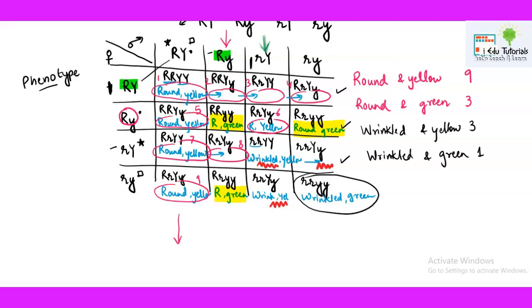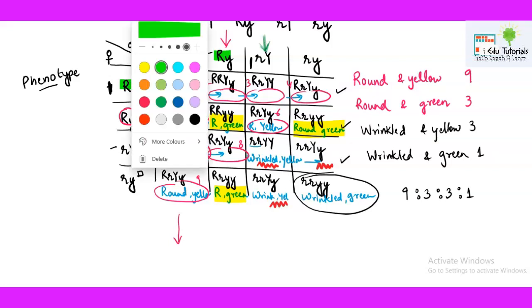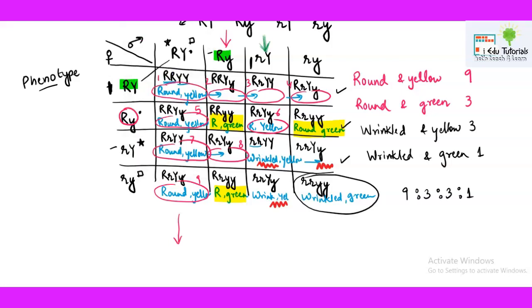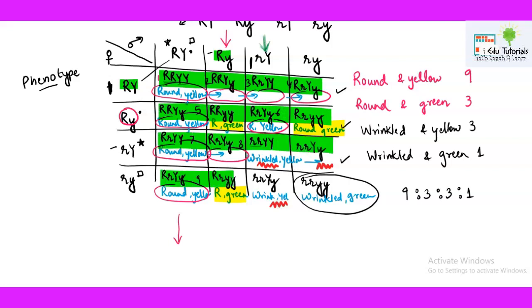So our phenotypic ratio will become 9:3:3:1. Now how do we find out whether you have covered all the individuals of the Punnett square or not? You can see overall how many individuals are formed in this Punnett square: 4, 8, 12, 16.